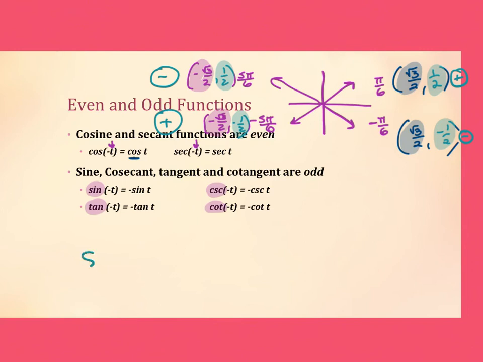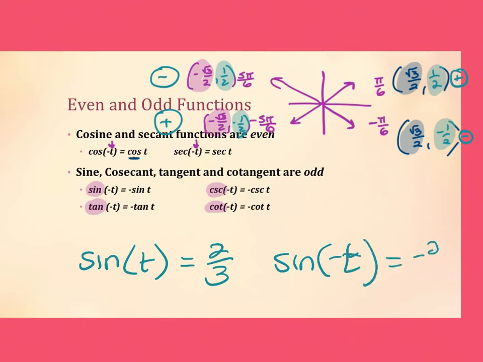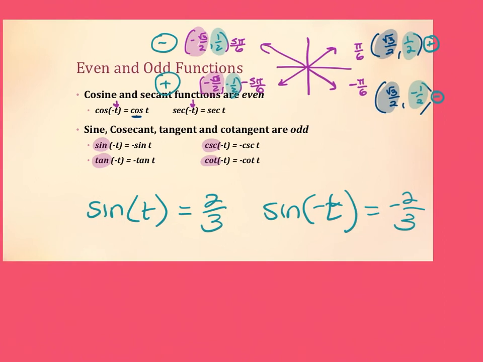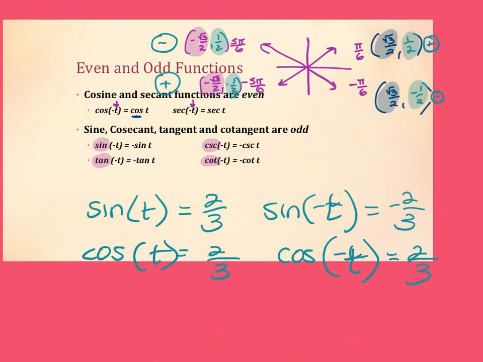So if I gave you that the sine of an angle like t is 2/3, then the sine of the negative angle would be -2/3. The cosine of an angle like t being 2/3, the cosine of the negative angle doesn't change. It stays the same sign.